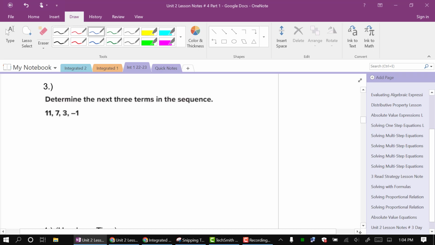So we want to determine the next 3 terms in the sequence. But first, we want to find the difference between the terms.